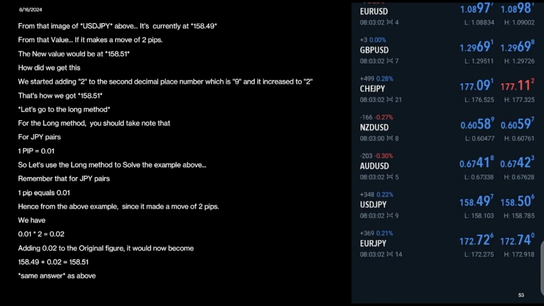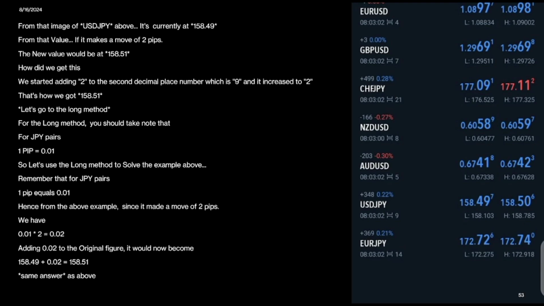Hence, from the above example, since it made a move of 2 pips, we have 0.01 times 2 equals 0.02. Now, adding 0.02 to the original value, it will become 158.49 plus 0.02 equals 158.51. Same answer we got above.